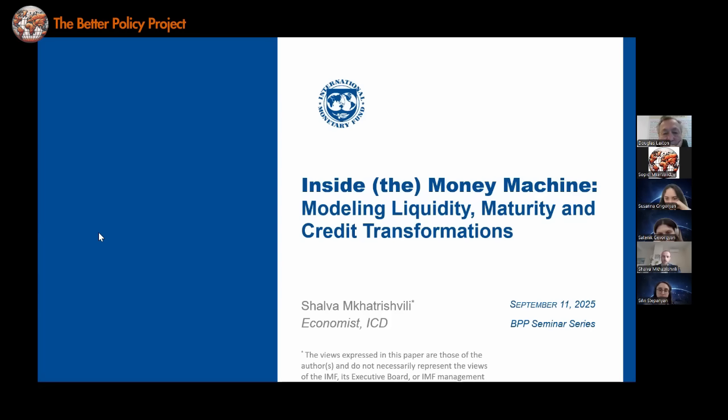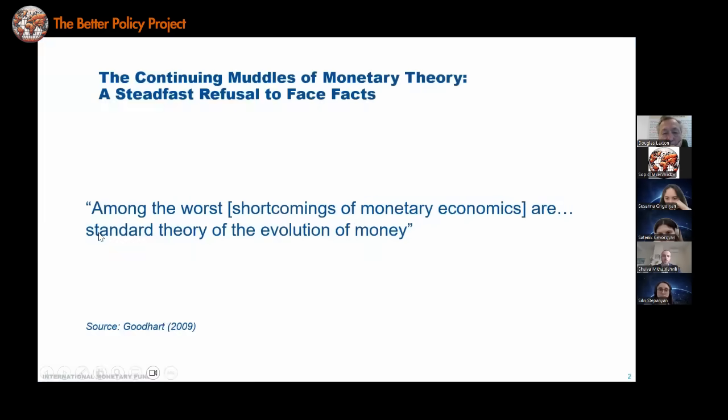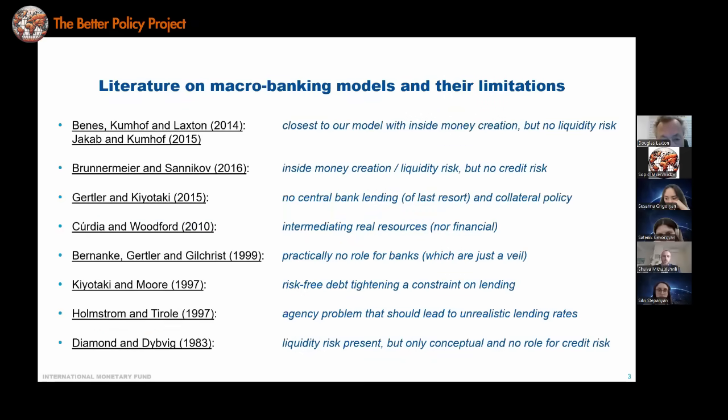And then just a couple of words about the literature. A nice summary from Charles Goodhart in his paper, arguing essentially what we are arguing today, that the current literature is not taking the evolution and mechanics of money creation seriously enough. And the quote is, among the worst shortcomings of monetary economics are standard theory of the evolution of money. So a couple of papers are closest to our model. For instance, one of them being co-authored by Doug.